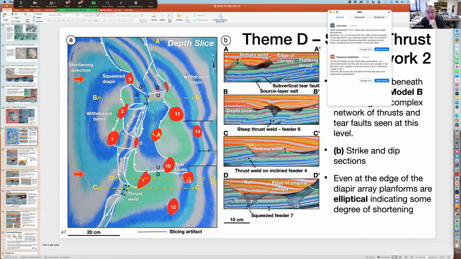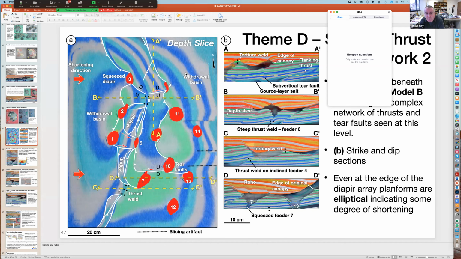Yeah, I would love to say it's either or, but it isn't. I would say that there are probably elements there that are more like model B, because we had more salt in there anyway, and there is plenty of salt in the Red Sea.